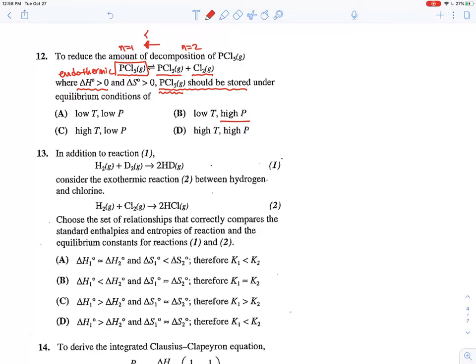Endothermic means heat absorbing. So if the reaction goes backward, you need to go to lower temperature. I think I'm right. Okay. And then pressurizing this, so this is a one. So therefore, the answer here is B. I hope you guys are okay with me.